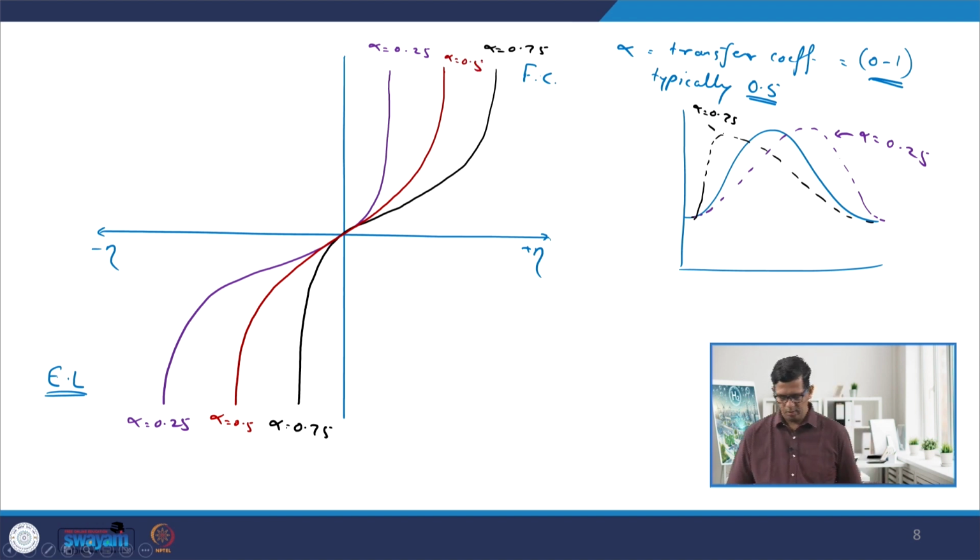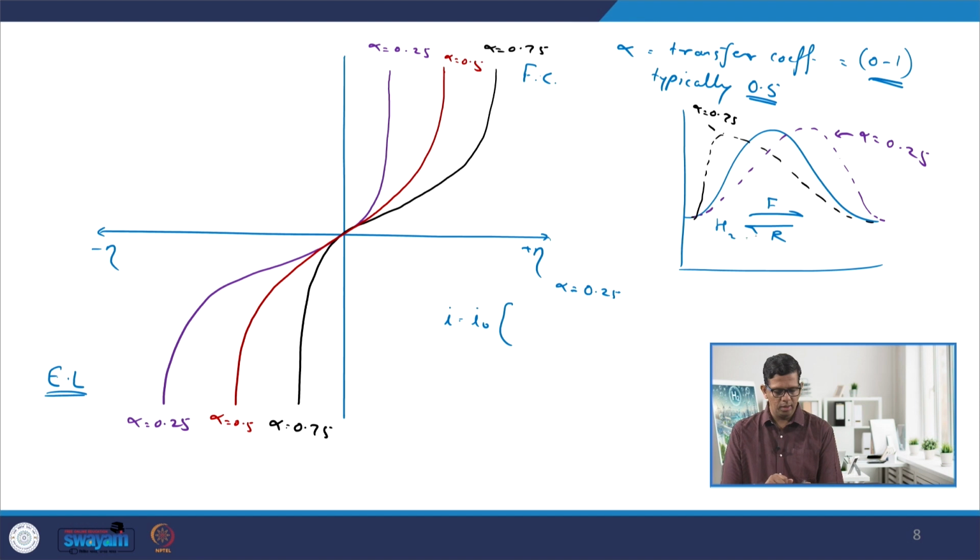Let me have a quick look at the equation. We know I equals I naught, and let me take an example of alpha as 0.25. When alpha is 0.25 for a fuel cell, let us say I want to favor the forward reaction, that is H2 giving 2H plus and 2 electrons.